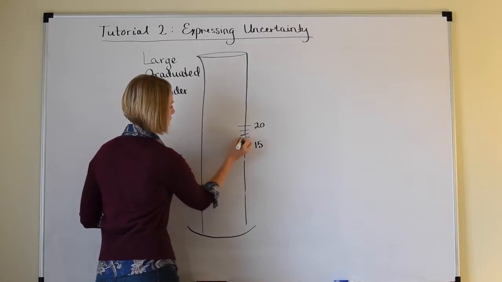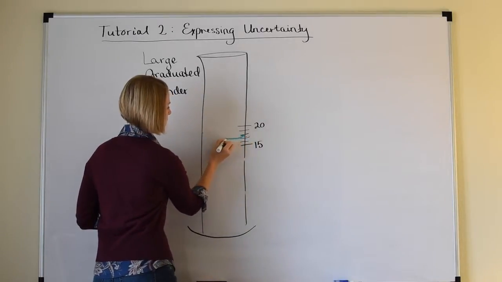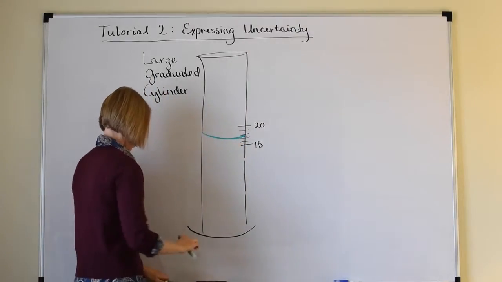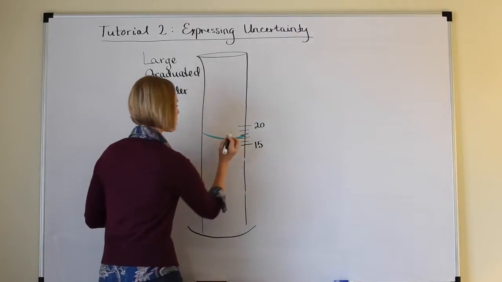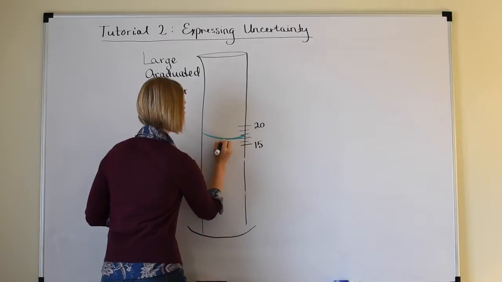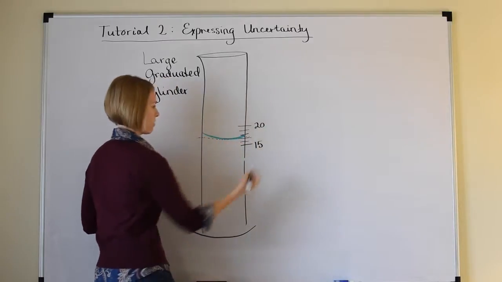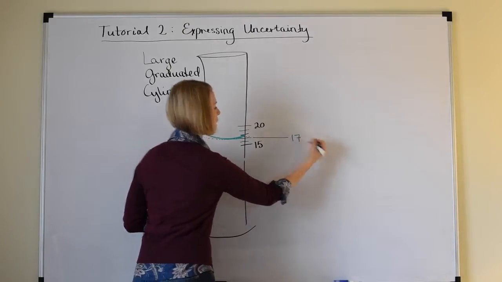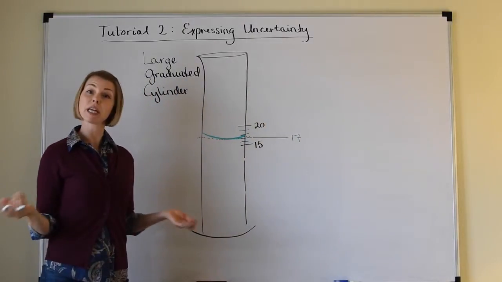Okay, so the base of our meniscus is going to be right on the 17. When I draw my little dotted line over here, let's say it looks like it lines up right with the 17.